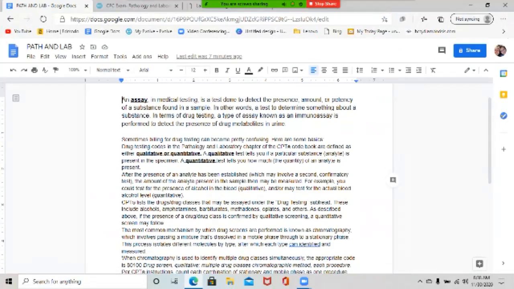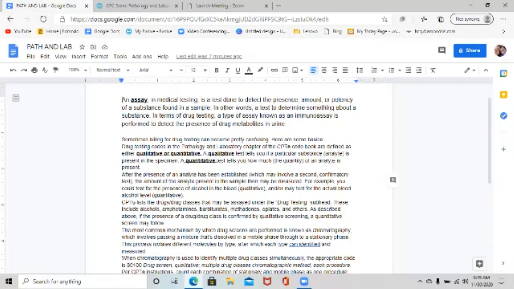Assay, in medical testing, is a test done to detect the presence, amount, or potency of a substance found in a sample. In other words, a test to determine something about a substance. In terms of drug testing, a type of assay known as an immunoassay is performed to detect the presence of drugs and metabolites in urine.